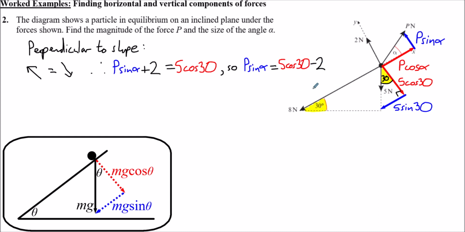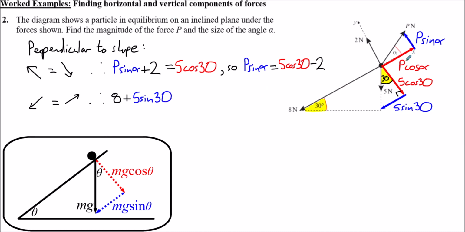Now forces going down the slope will be equal and opposite to the forces going up the slope, because again it's in equilibrium. So the forces acting downwards, we've got this big 8 Newton force. Also we have this 5 sine 30 force. And they'll be equal and opposite to the forces acting upwards.